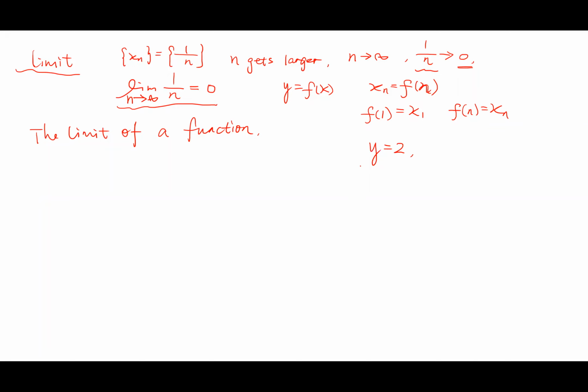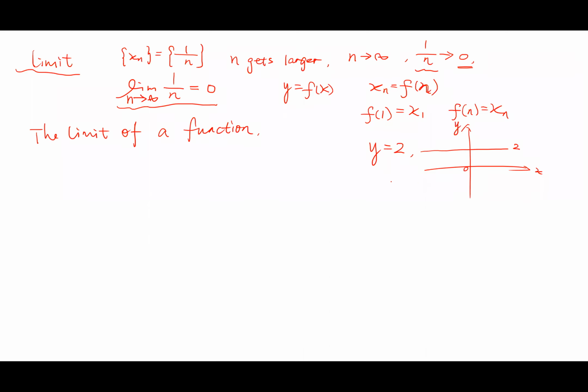So we have learned this is the basic function, right? We call it constant function. And we know no matter which value x is, y always equals 2. So this is a graph of this function.